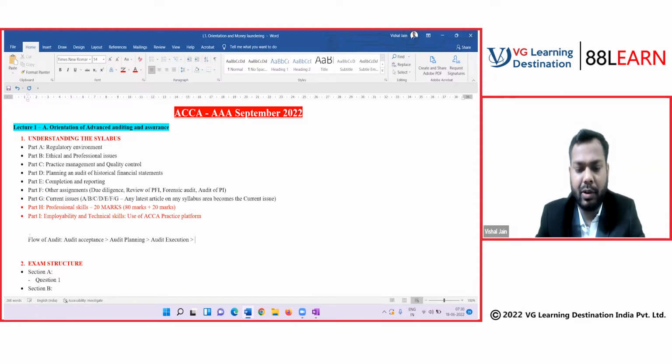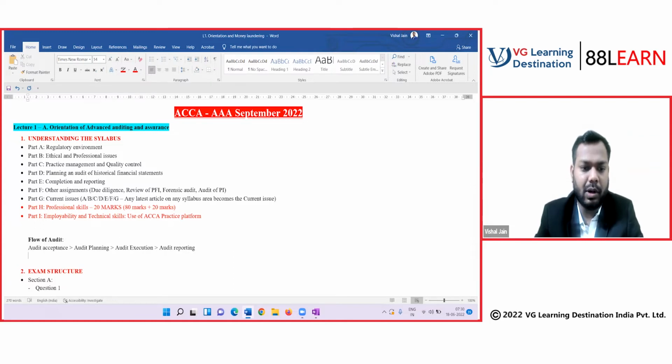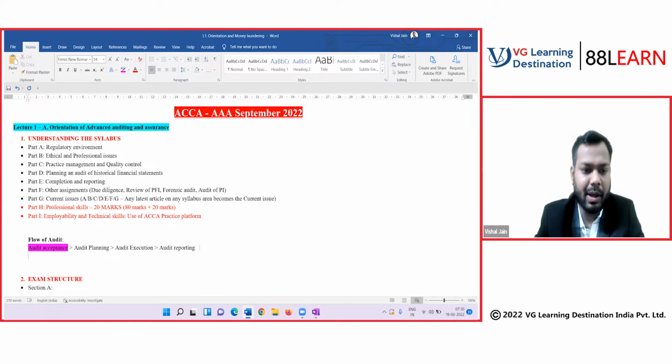Then after audit execution, we do audit reporting. Now, this complete audit acceptance is covered under syllabus area A. Sorry, not A. It is covered under syllabus area C.